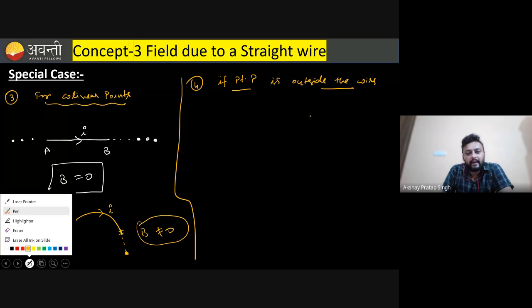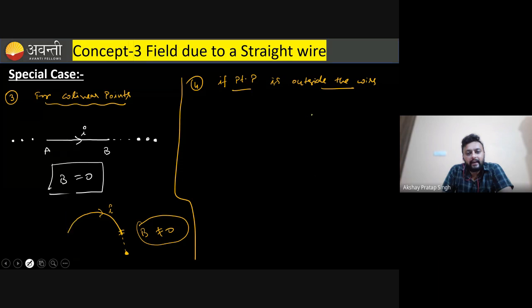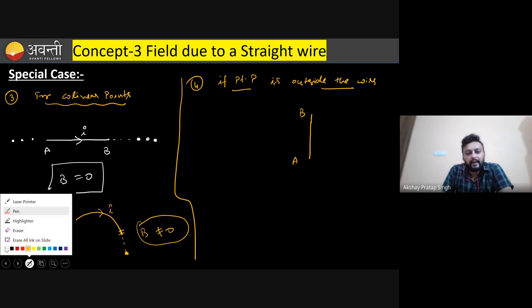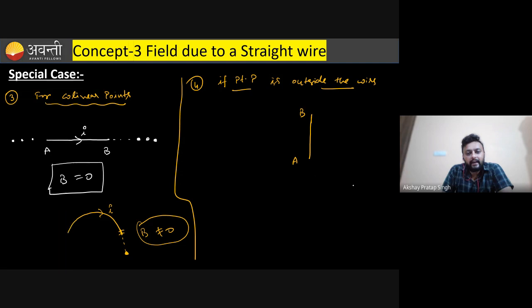Let's suppose this is the wire AB. It may be of any length, that's not the important thing here. And let's suppose point P is somewhere here. This is point P. So this point P is outside.